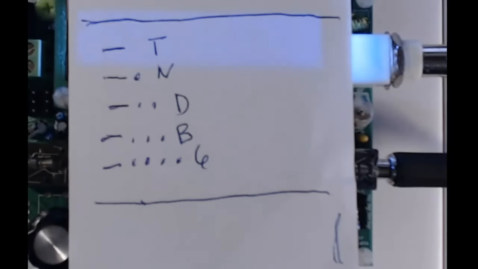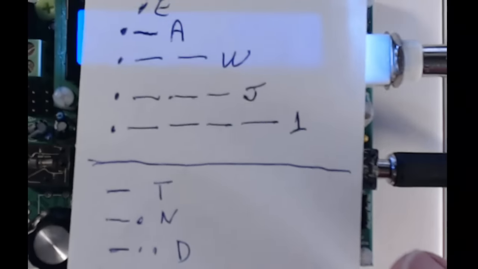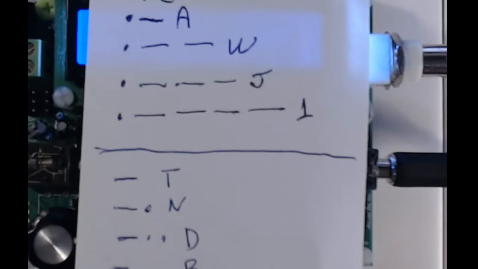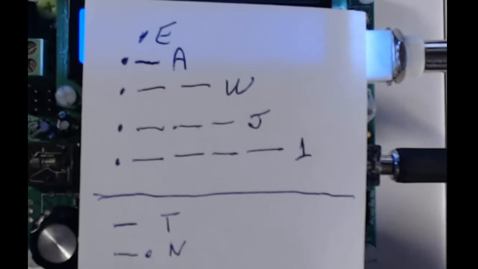These are the letters we're going to study today. These are the ones we did last week, the ones that start with a dit. Now, I've had some people wonder why I would start with something like this. Shouldn't I start with the easier letters first and go on to others?